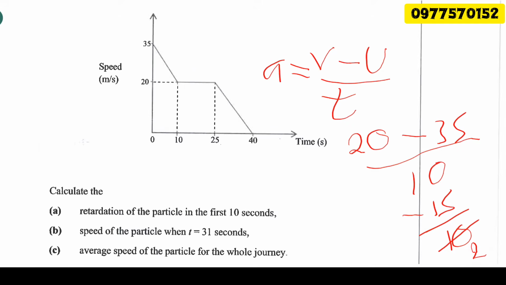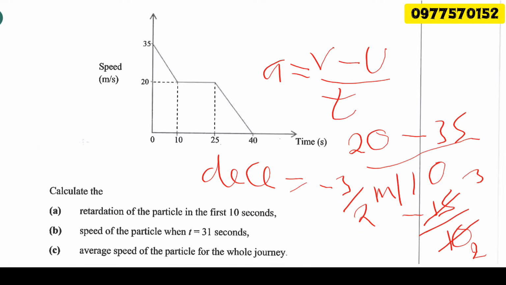Okay? Then 5 into 15 is 3. Okay? So therefore the deceleration is equals to negative 3 over 2 meters per second squared.